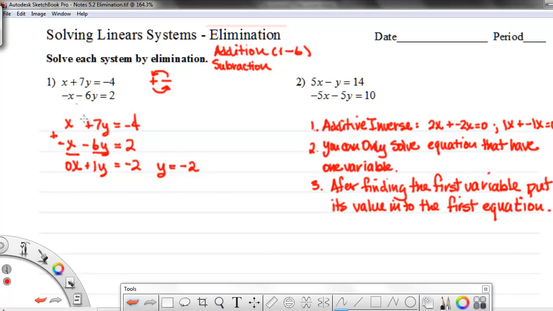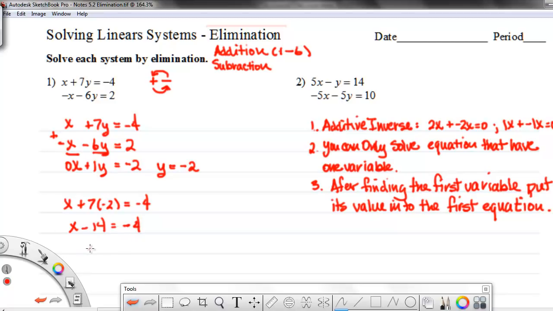That will give me x plus 7 times a negative 2 equals a negative 4. So x minus 14 equals a negative 4.